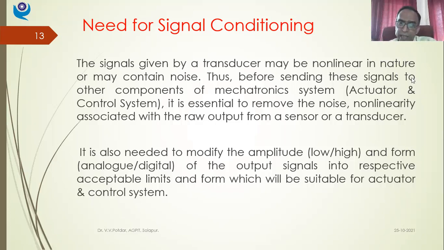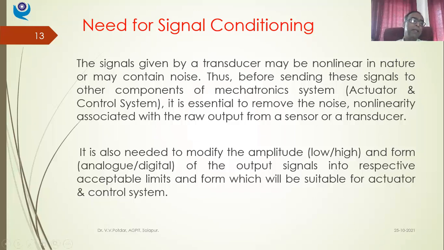Thus, before sending these signals to other components of the mechatronic system, which components, either actuator, control system, or display devices, it is essential to remove the noise and non-linearity associated with the raw output from a sensor or a transducer. What is the work of the sensor transducer?